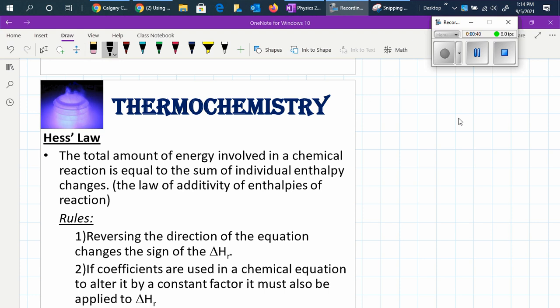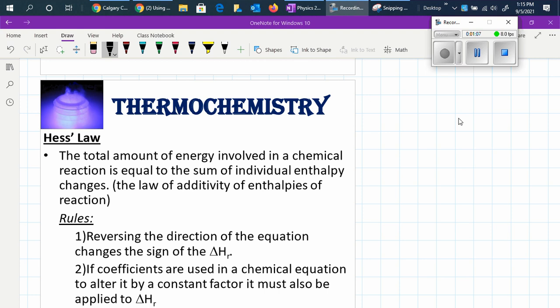Because of the law of conservation of energy, the heat of reaction is the same whether the reactants are converted to the product in a single reaction or in a series of reactions. The first one to come up with this suggestion, which is now known as the law, was Hess in 1840.